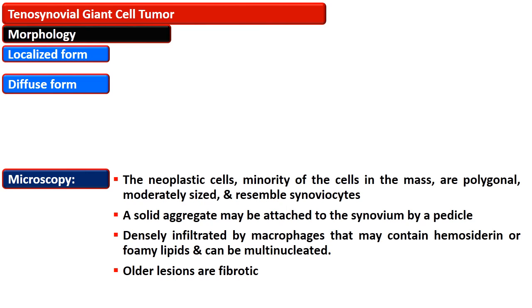They are moderately sized and resemble synoviocytes. A solid aggregate may be attached to the synovium by a pedicle, and these are densely infiltrated by macrophages that may contain hemosiderin or phospholipids and can be multinucleated. The diffuse form infiltrates extensively into the surrounding tissue and shows a villous configuration. The outer lesions are fibrotic.